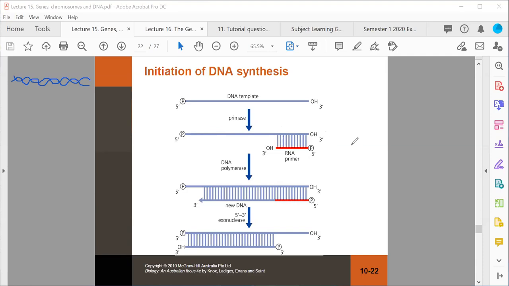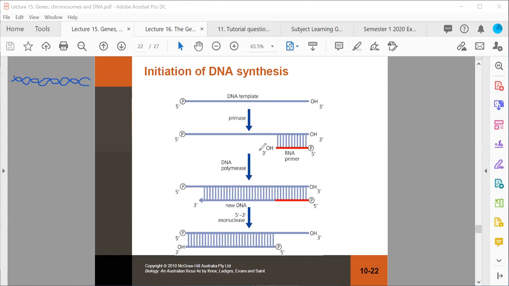Okay, now the importance of synthesizing this little RNA primer is that the next enzyme that will come along and start synthesizing a complementary strand of DNA has an absolute requirement for this free hydroxyl group. Without the free hydroxyl group, then that enzyme, which is called DNA polymerase, cannot start synthesizing the complementary DNA strand.